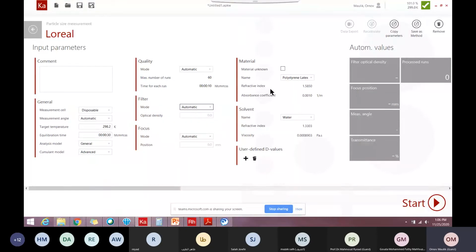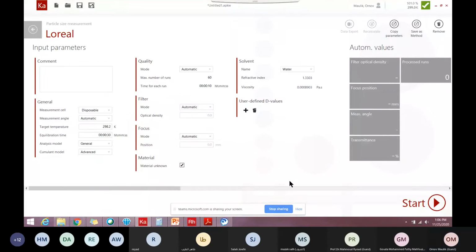It has a surfactant and all, but we don't know the refractive index of that, so we can just click on material unknown. So the software will automatically take some default refractive index for this particular measurement. Next thing we need to do is just click on start. After setting all the parameters, we'll just click on start and wait for the measurement to complete.